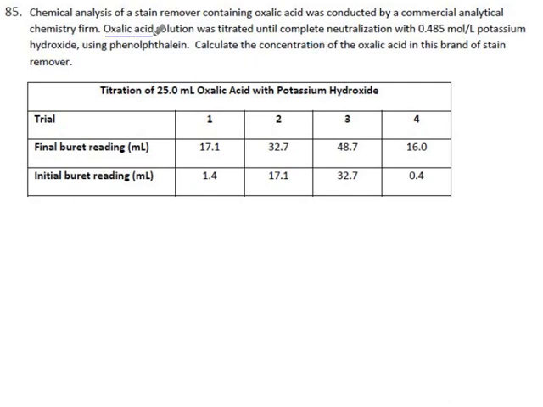So oxalic acid is H2C2O4. And it reacts with potassium hydroxide. We don't care about the potassium, just the hydroxide part. Now, this can react twice because there are 2 hydrogens that oxalic acid could give up, and they do say complete neutralization, which means they did complete both reactions.